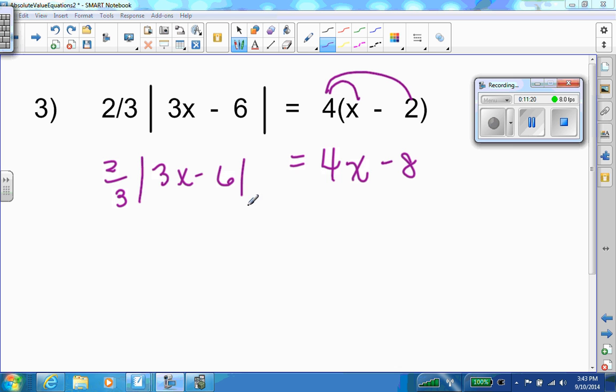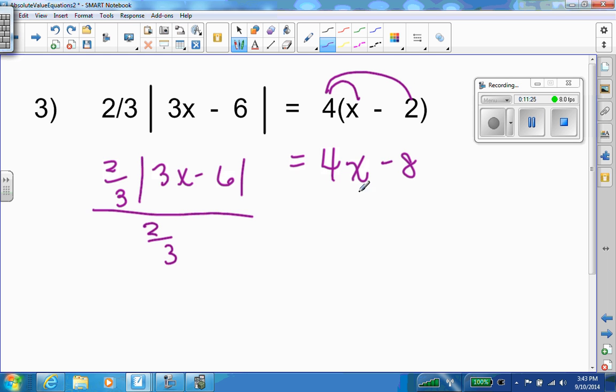Okay, so we still need to isolate our absolute value bars. So we're going to do that by dividing by the fraction 2/3 on both sides. So that's going to eliminate our fraction.